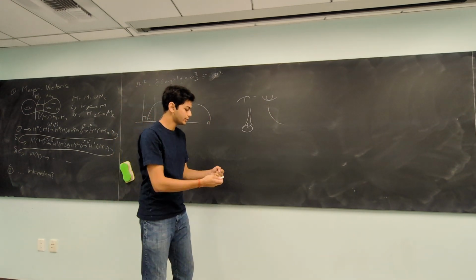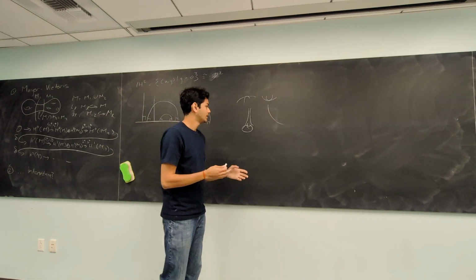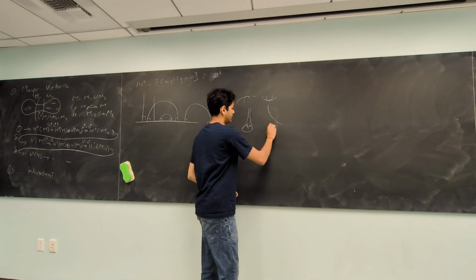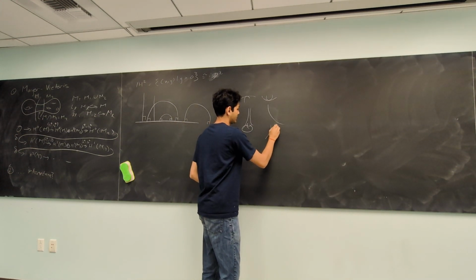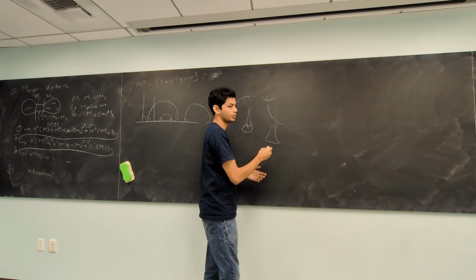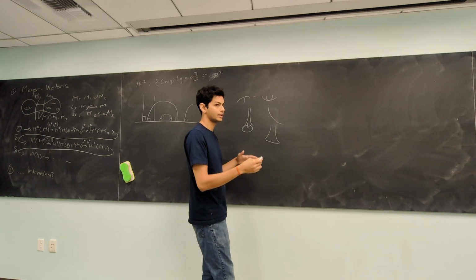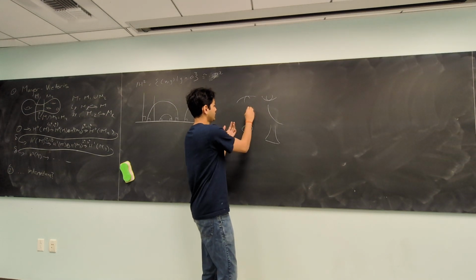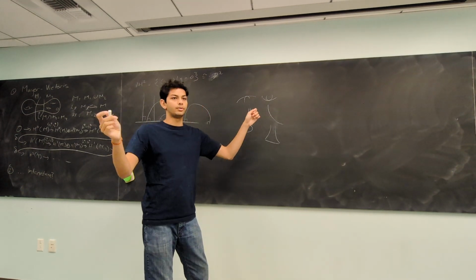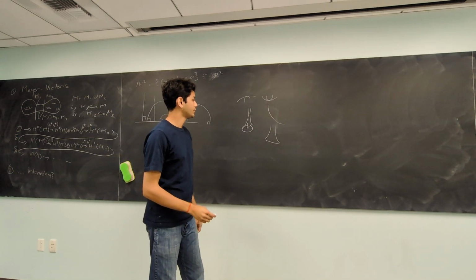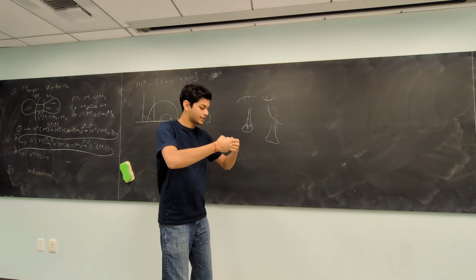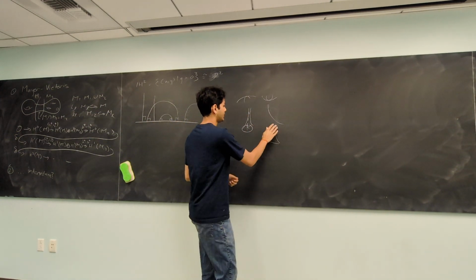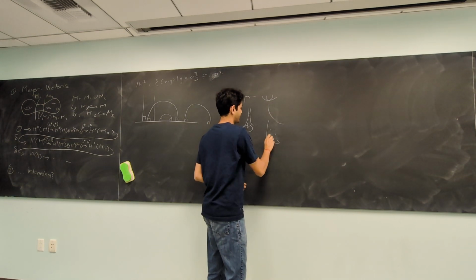So one thing that we can do is unwrap this guy. If we unwrap it, what we're going to get is something like this, where we have to glue the ends together, right? If you cut along here and unfold it, we can distort this by stretching it out on top and make this into a strip.